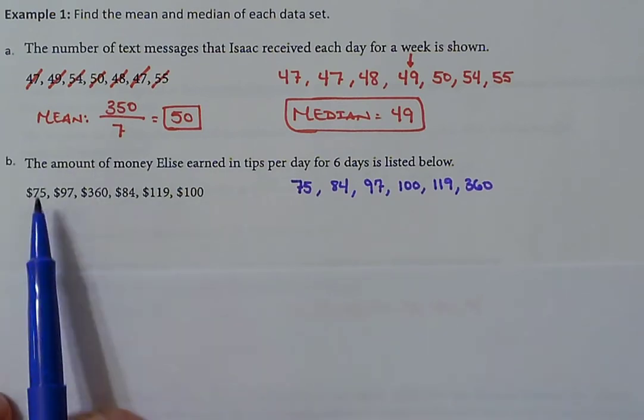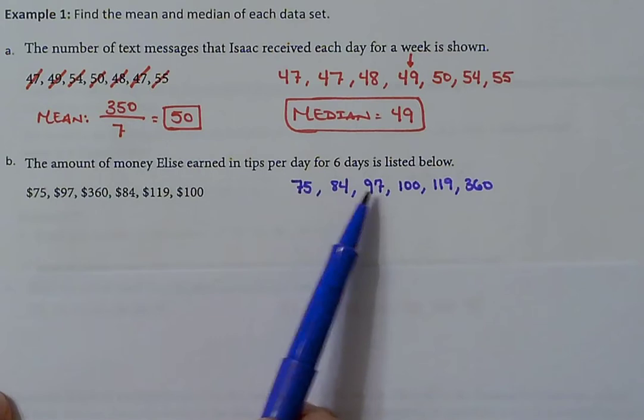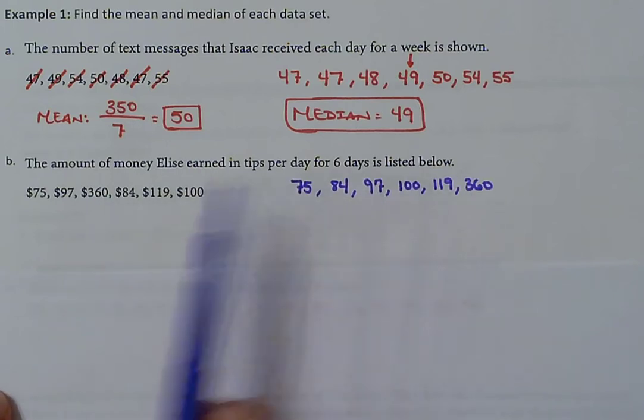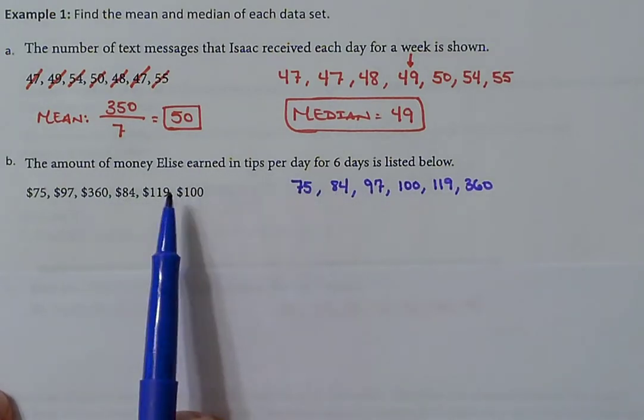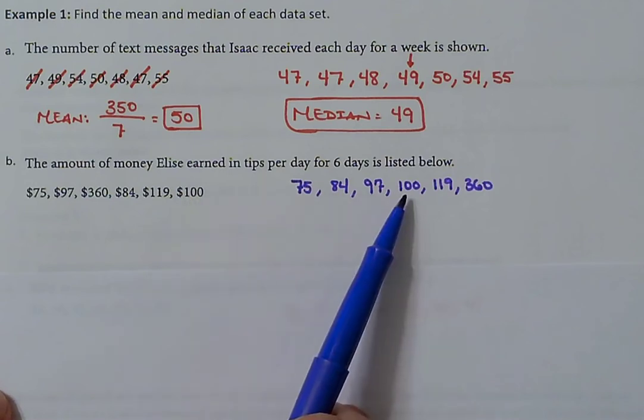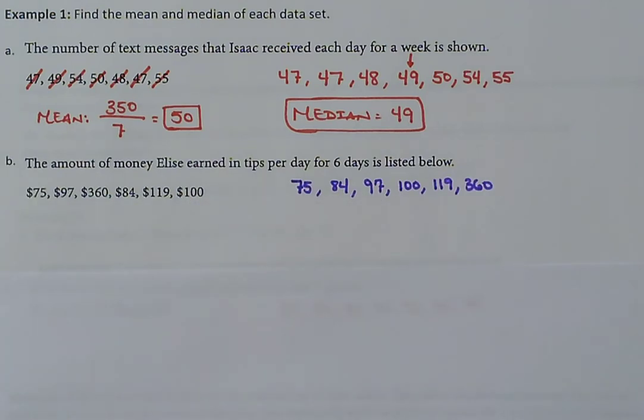So we have 75, 97, 360, 84, 119, and then 100. So they gave us the amount for 6 days, what Elise has earned in tips at her job. So now we need to go through and find the mean and the median.